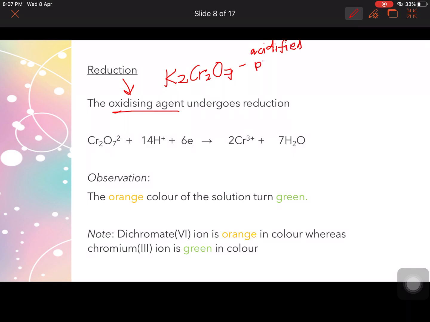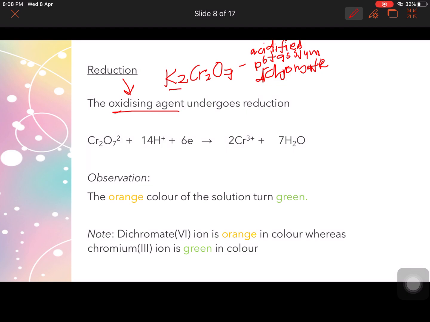It is hard to write down. Very not cooperative, this pen. Dichromate. Okay, very ugly. Potassium dichromate.